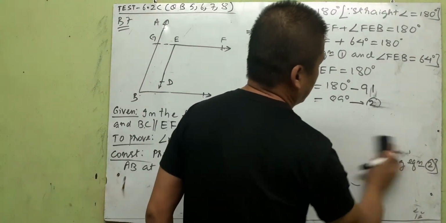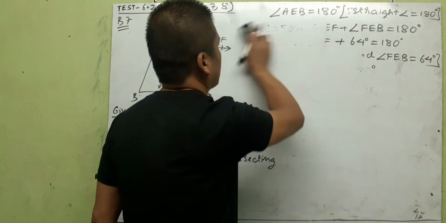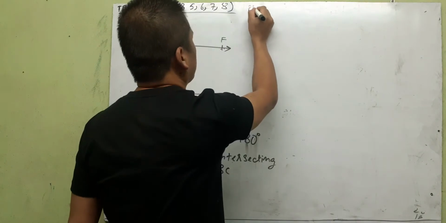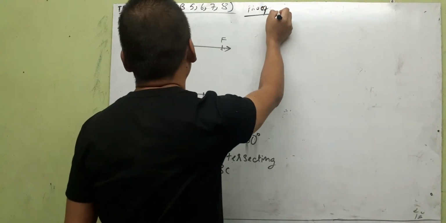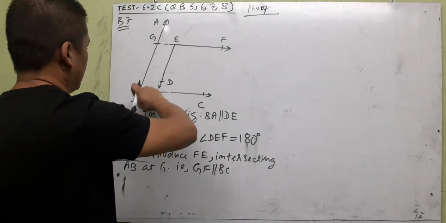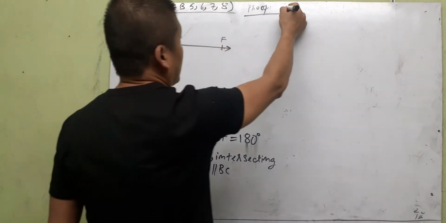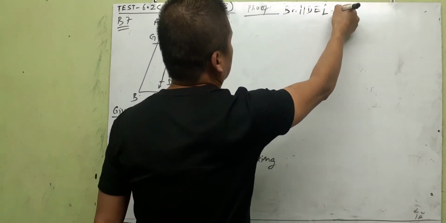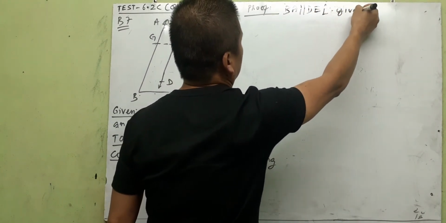I'll do it slowly. So here, for the proof, we want to show that these two are equal. So DE parallel to BA, BA parallel to DE. Let us start with that, since it is given like that in the question.